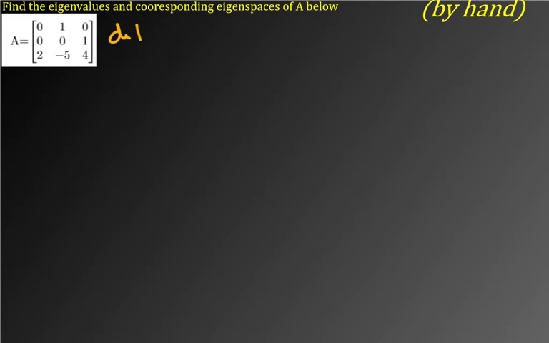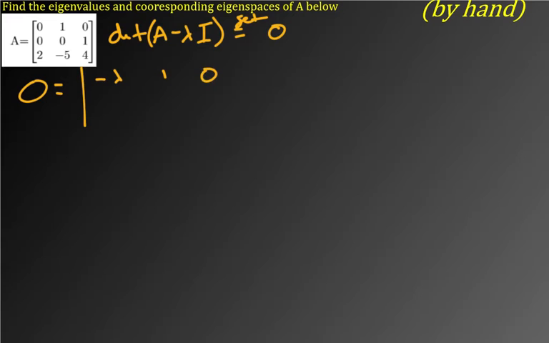So first step again, determinant of A minus lambda I, set it equal to 0. So in this case, we're going to have minus lambda, 1, 0, 0, minus lambda, 1, 2, negative 5, 4 minus lambda.